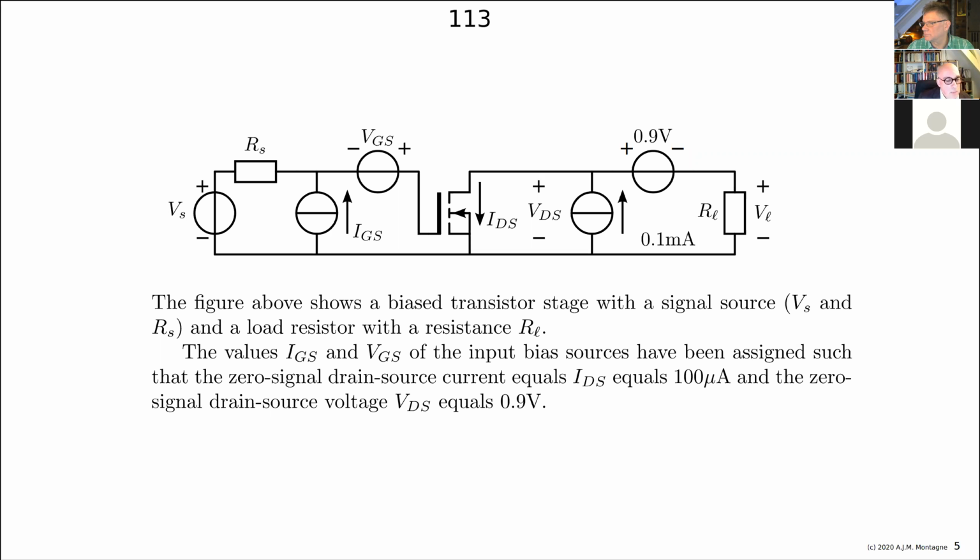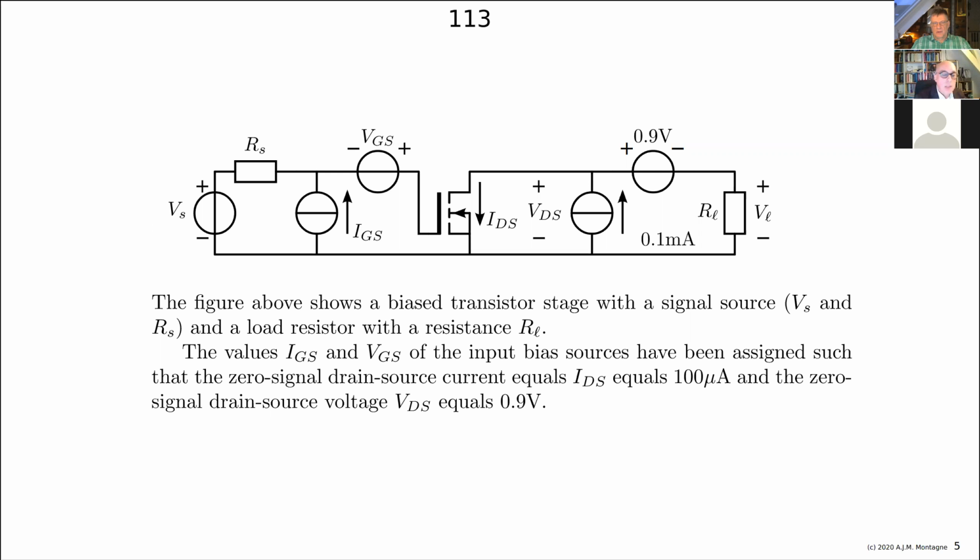Chris, can you understand it? Can I explain it? Yes. I was thinking, is it asking for the power being dissipated in the load, in the load resistor, or just in general if there's power being dissipated or not? For this question, it's which output bias source will dissipate power or deliver power? Okay, so it doesn't have to be in the load resistor.